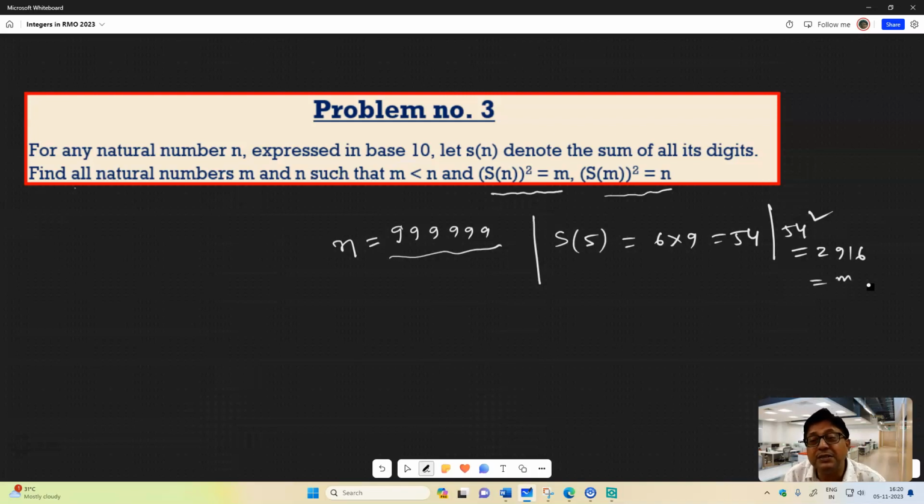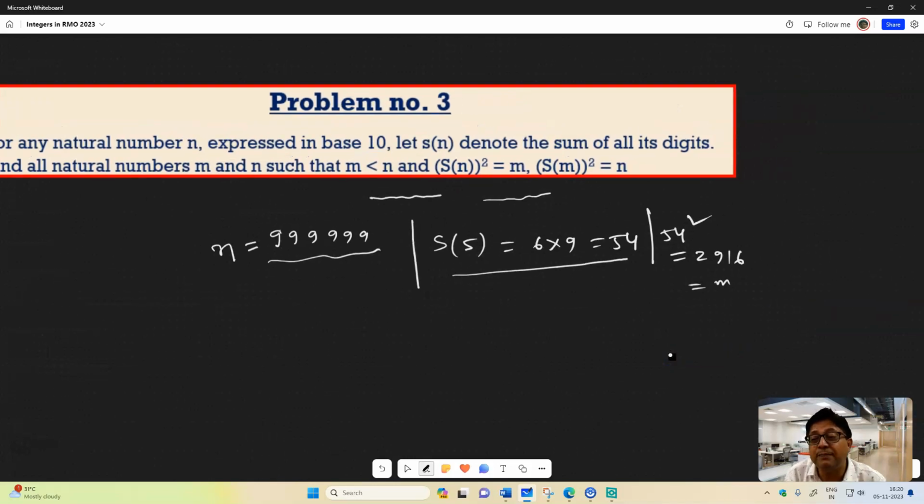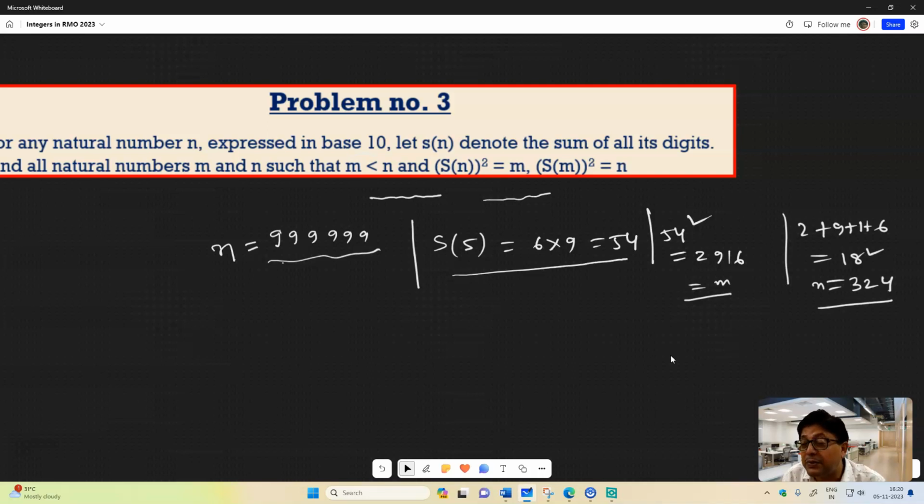Sm square, now it is what? It was n. We found Sn, that is 54, by taking the maximum. Now if it is m, what is the sum of the digits? You just check the sum of the digits here. 2 plus 9 plus 1 plus 6. This is 11, 12, 18. 18 square is 324. So if you have started with n equal to this, m is this, and then n you are getting this. Is it possible? No.